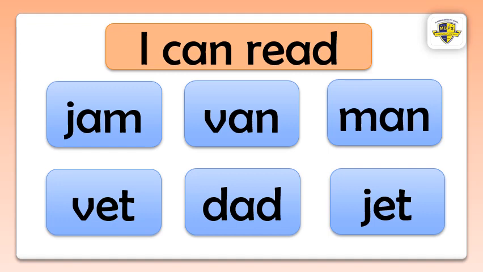V, e, t, vet. D, a, d, dad. J, e, t, jet. Very good. Now you read them faster. I can read jam, van, man, vet, dad, jet. Excellent. Read them fast like this. Go on. Get a piece of paper and write them on the paper for your spelling test. Write them. Excellent.